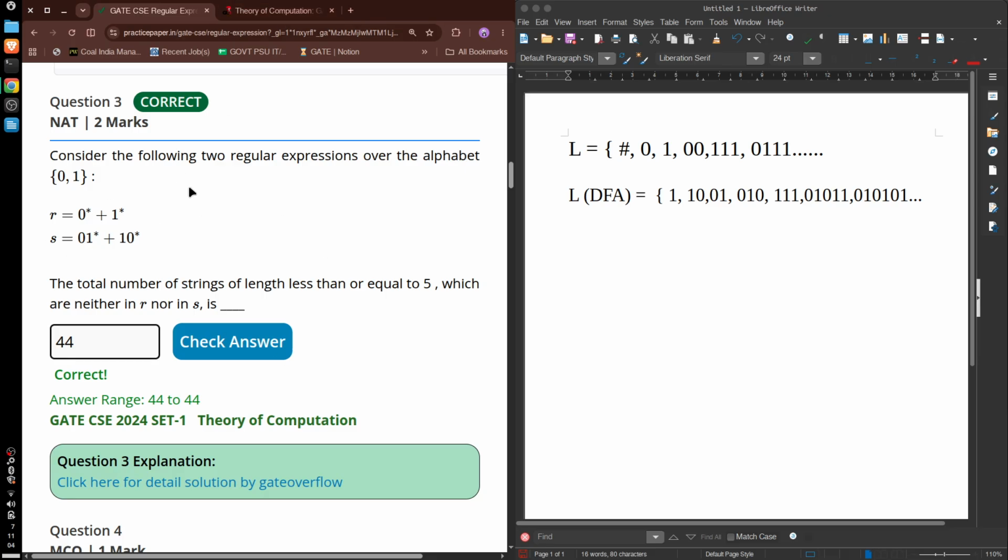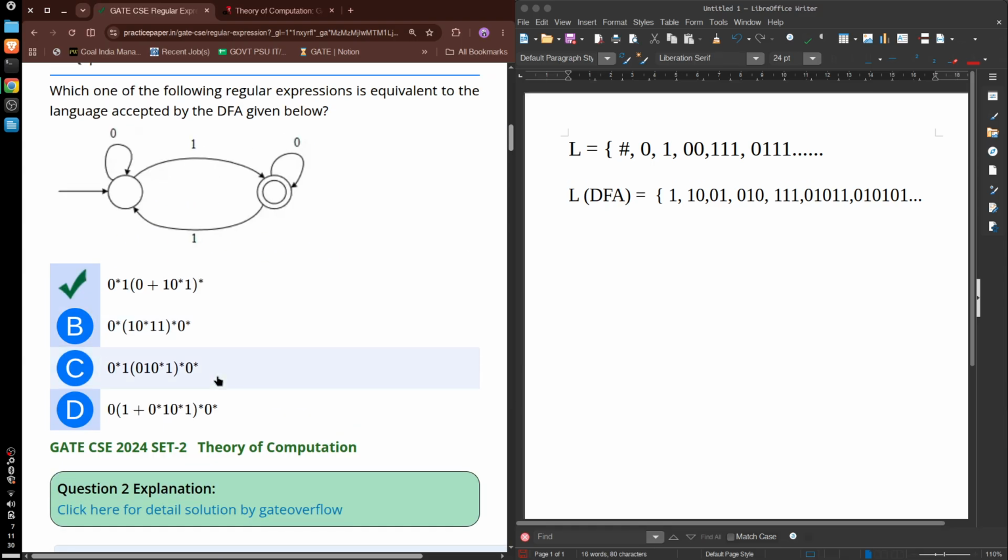If you see this question at first hand, without even looking anywhere, you will be thinking, what the hell is this question, what is it even asking. You are just asking which are not in R nor S, so how can we identify that? If you try 0011 and so on, that can take a lot of time, and you will be unable to understand, right? So that's why analyzing the question is very important.